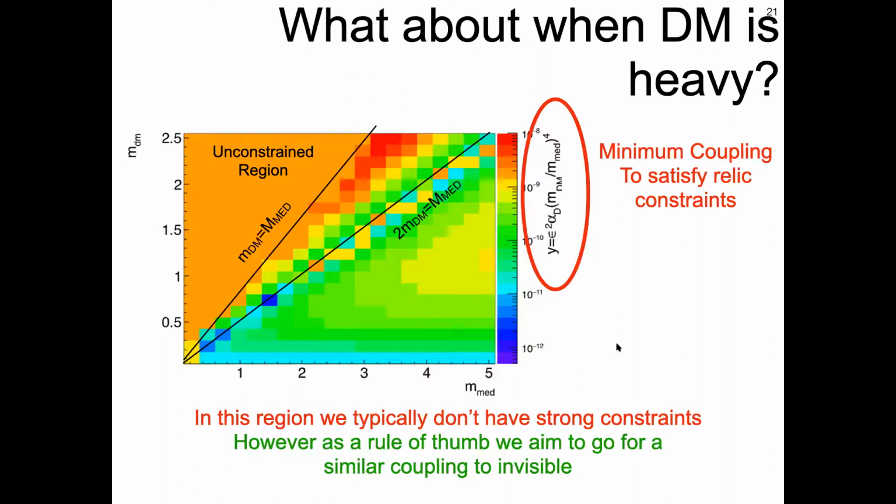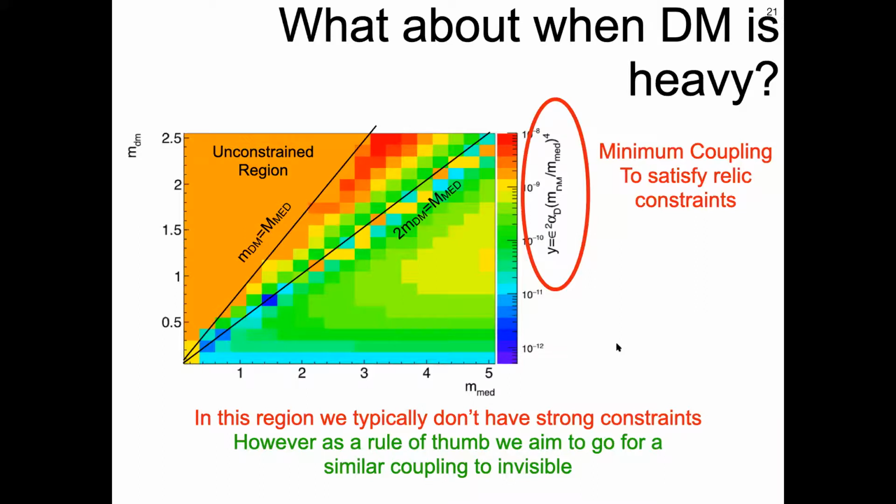Typically, the two benchmarks that people make are this 1/3 slope. And then there's another benchmark that people are starting to make now, which is, I'll just write it down. It's dark matter mass times 1.5 equals the mediator mass. So it's the slope here.